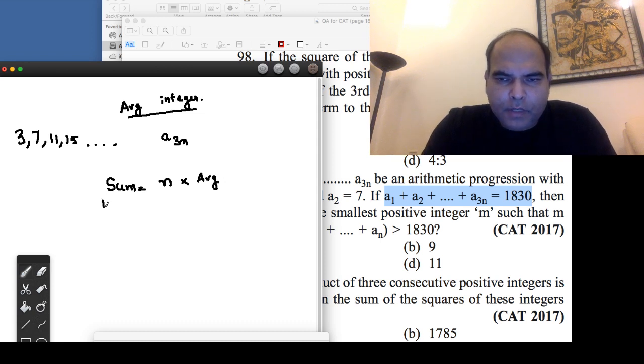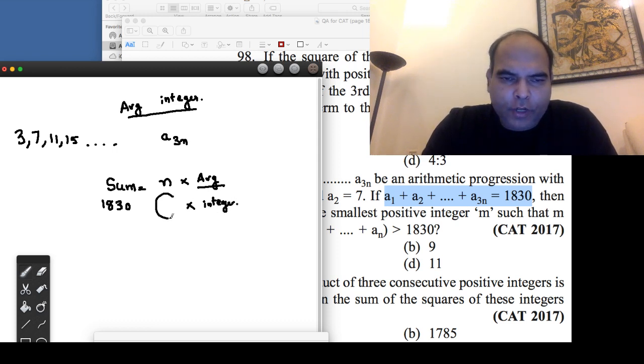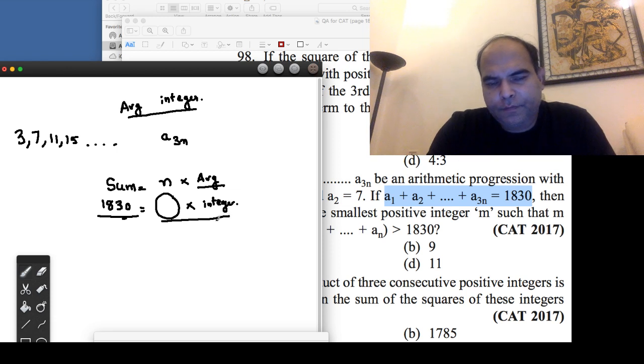Now, since the sum is given as 1830, and the average has to be an integer, and n anyway cannot be a non-integer, basically this is a factor pair of 1830 that you look for.